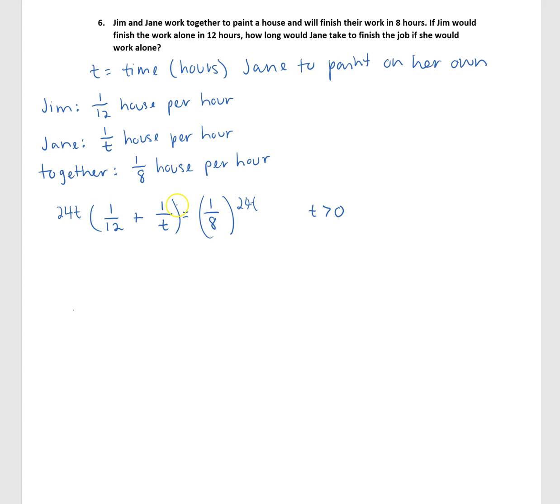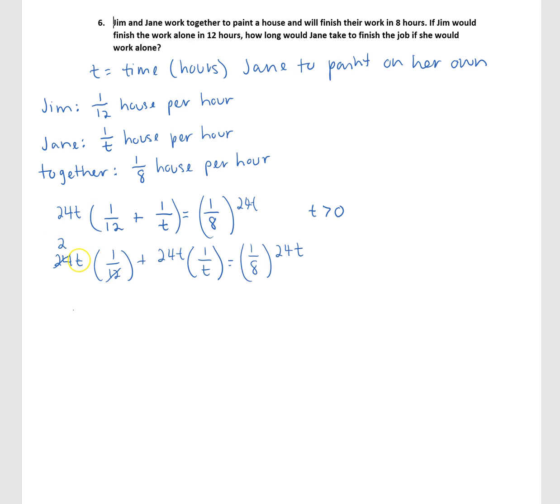And I'm just going to split this up here. So we have 24t times 1/12 plus 24t times 1/t equals 1/8 times 24t. Okay, so if we look at this first term, this simplifies. 12 goes into 24 2 times.